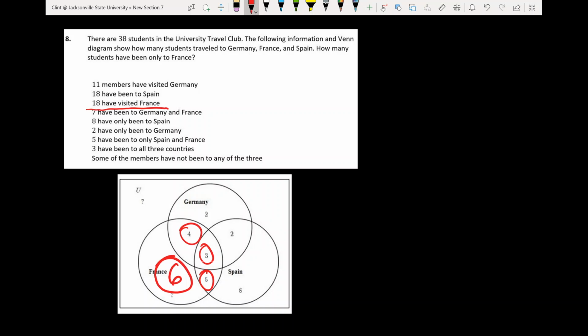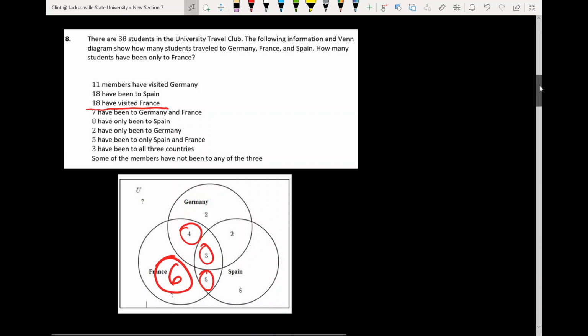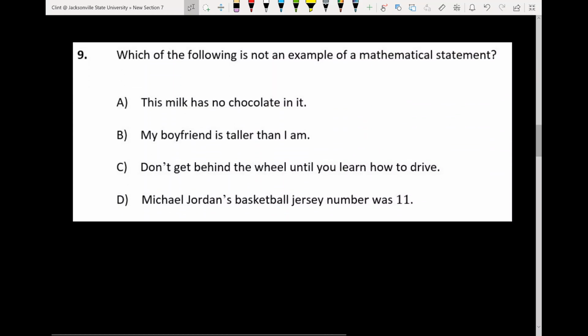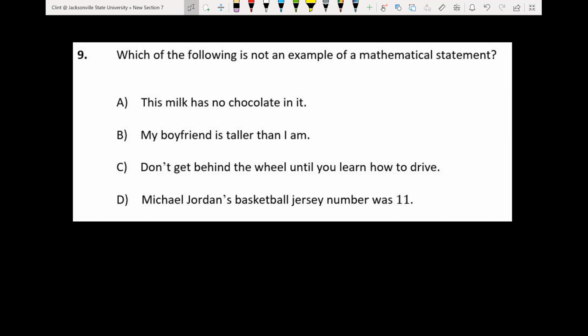Okay, what about number 9? Number 9, we don't have any calculations involved. It's really a vocabulary question. It says, which of the following is not an example of a mathematical statement? So what types of statements are not mathematical statements?